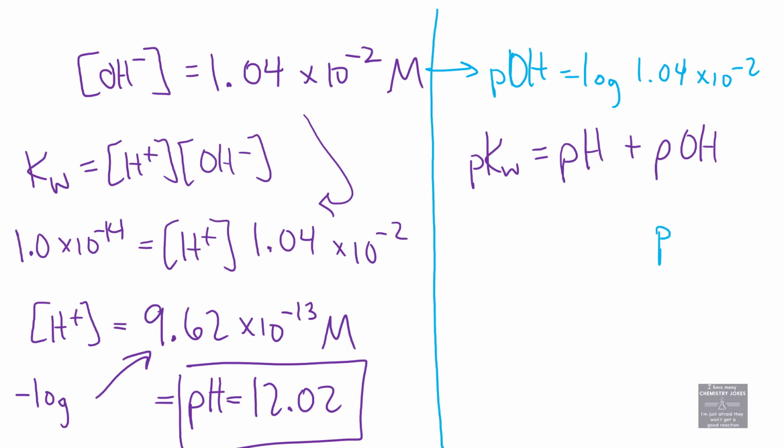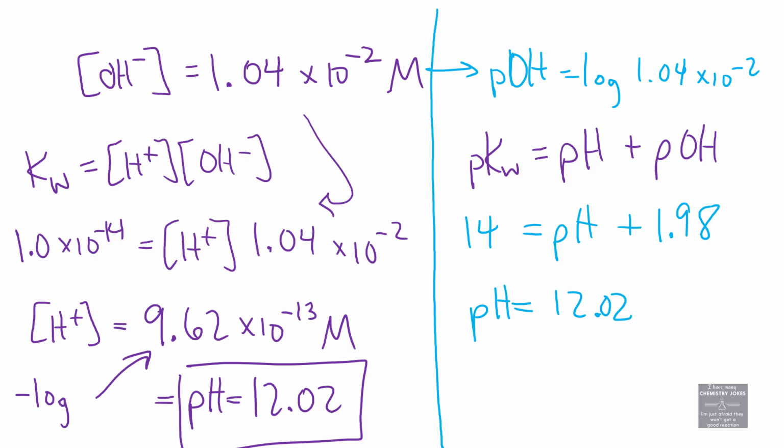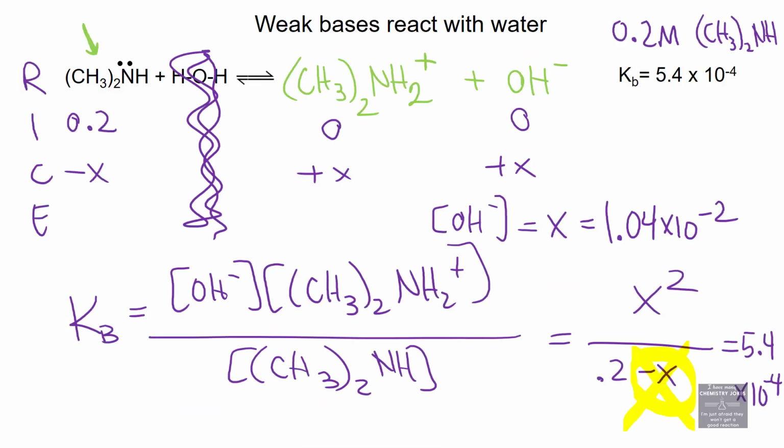And I get a pOH equal to 1.98. pOH plus pH equals 14. So 14 minus 1.98, pH equals, oh, great news. We got the same number. I don't care if you do it the purple way or the blue way. I will switch back and forth depending on the convenience of whatever I'm trying to find.